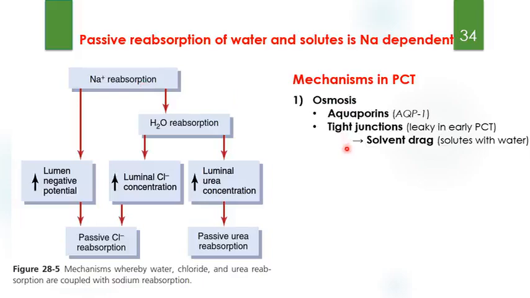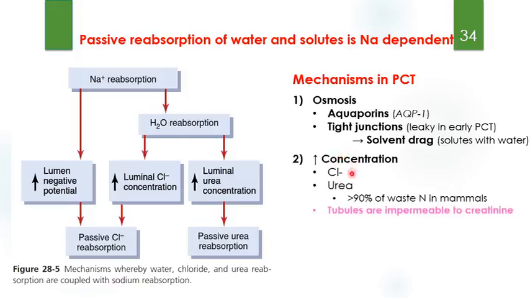When water and sodium are transported in this way, the concentration of other solutes inside the lumen will increase. For example, the concentration of chloride will increase, urea will be concentrated, and other solutes as well. By increasing their concentration in the luminal fluid, they tend to diffuse to the other side, because the concentration gradient favors diffusion of the substance from the luminal space to the interstitial fluid.